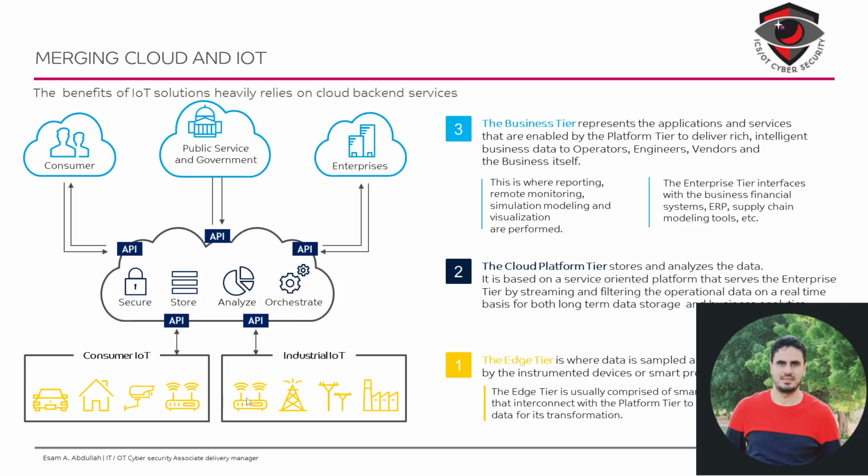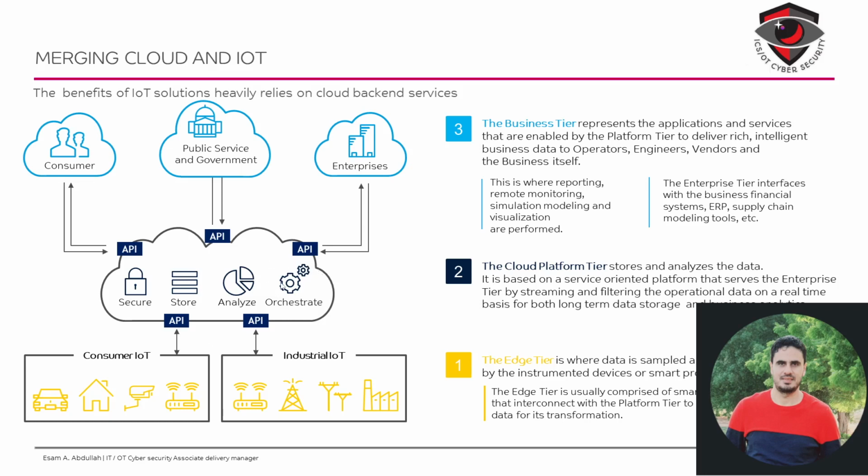The edge tier is usually comprised of smart products and the gateway that interact with the platform tier to collect and prepare data for its transformation. So there is integration or API calls in the cloud platform tier.